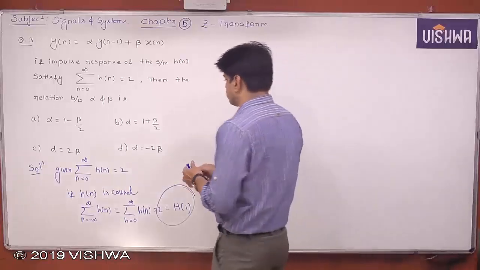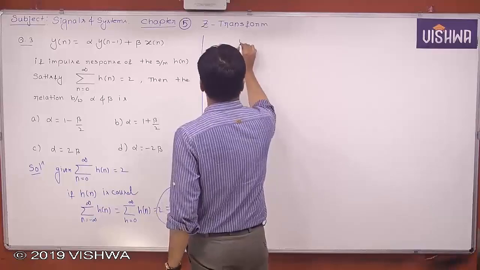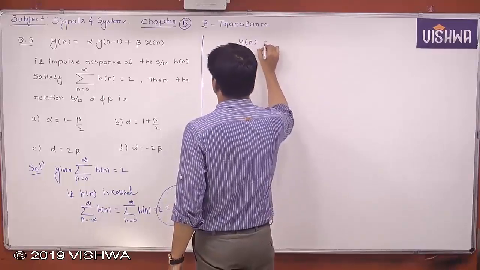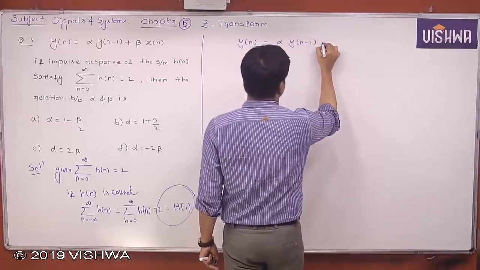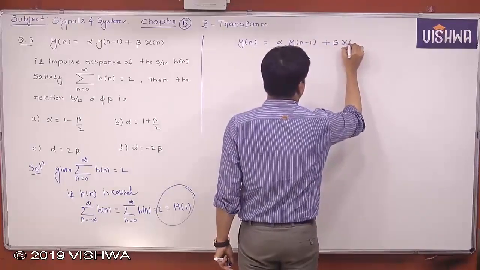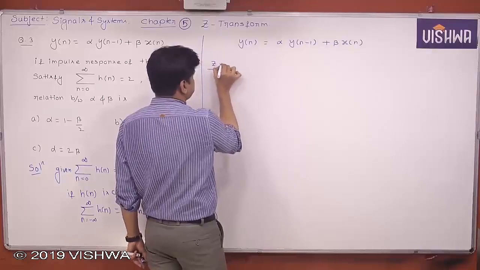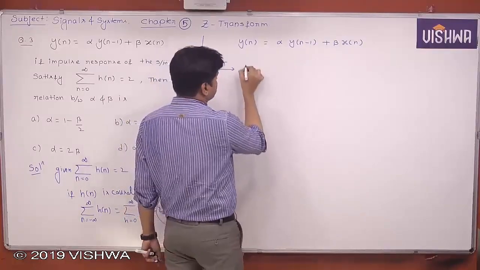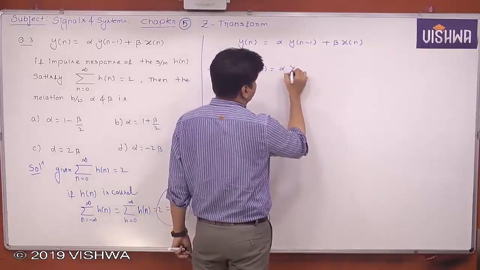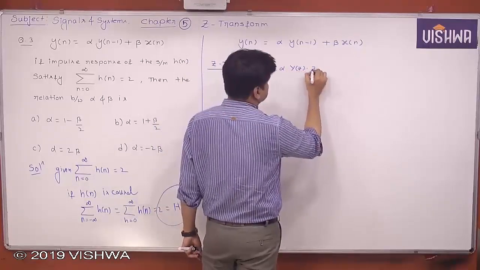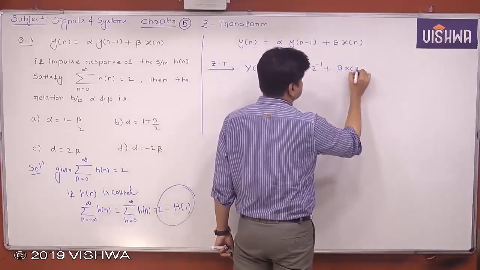From y of n is equal to alpha y of n minus 1 plus beta x of n, what is the Z transform? Y of z is equal to alpha y of z into z inverse plus beta x of z.